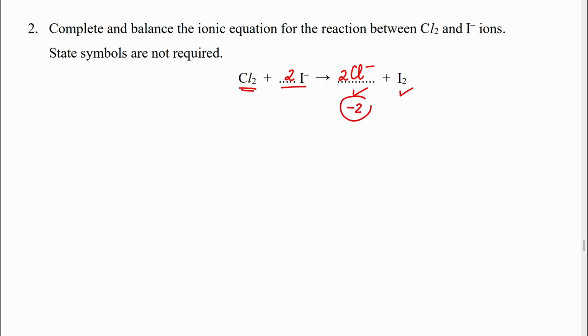And from here, it's also a negative 2, right? Because 2 times I-, and here is 2 times Cl-. So both are already balanced. Okay, let's check it one more time. Cl2, and then 2Cl-. 2I-, and here I2. 2 negative, and 2 negative. Okay, so that is how you solve this ionic equation.